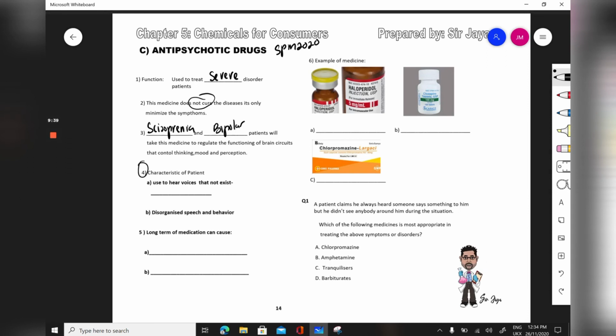And point number 4 is very important for SPM. The characteristic of the patient, we need to remember. The patient used to hear sounds or voices that do not exist, and this situation is known as hallucination. And they have disorganized speech and behavior.